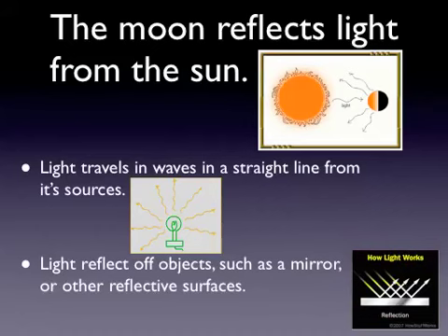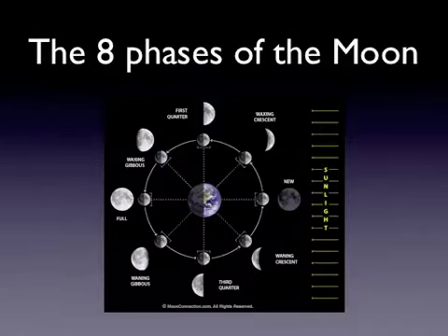Second image shows a mirror, and so light is bouncing off of it or reflecting off of it. So this is what happens when we combine the Sun with the Moon, because the Moon is made of a reflective surface.